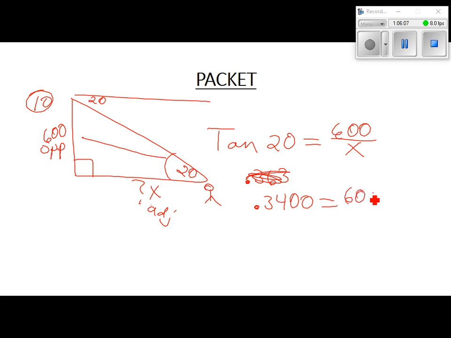Equals 600 over x. Put that over 1, cross multiply. You end up with 600 equals 0.340 x. Somebody divide 600 by 0.340. Should about triple. Should be about 1800. 0.3640. Should still about triple.